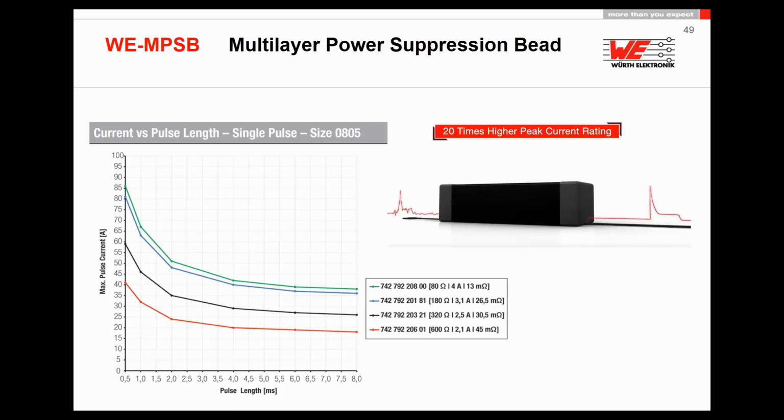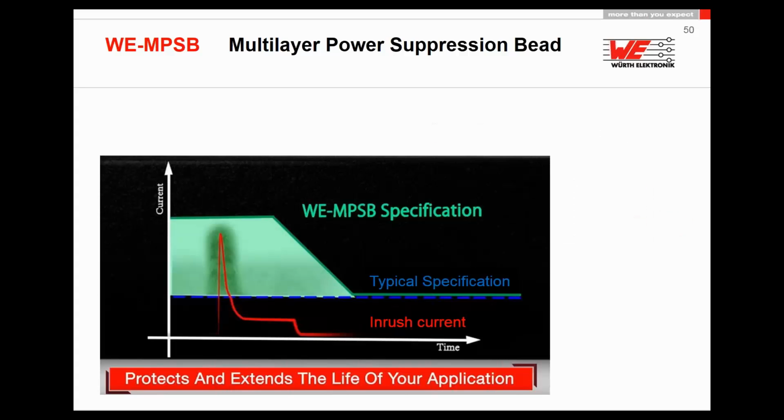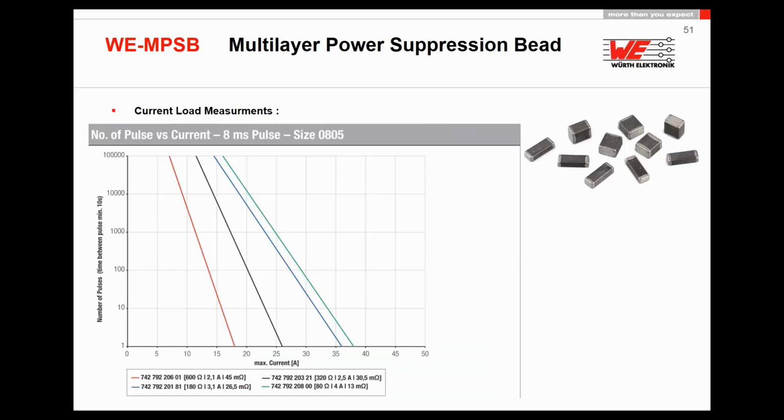You can find all this information for these MPSB ferrites in the REDEXPERT software, which is also available on our website. The typical specification is a standard 3 amp rated current, which is just running continuously, but it will not be destroyed if you apply something like 20 amp through it.